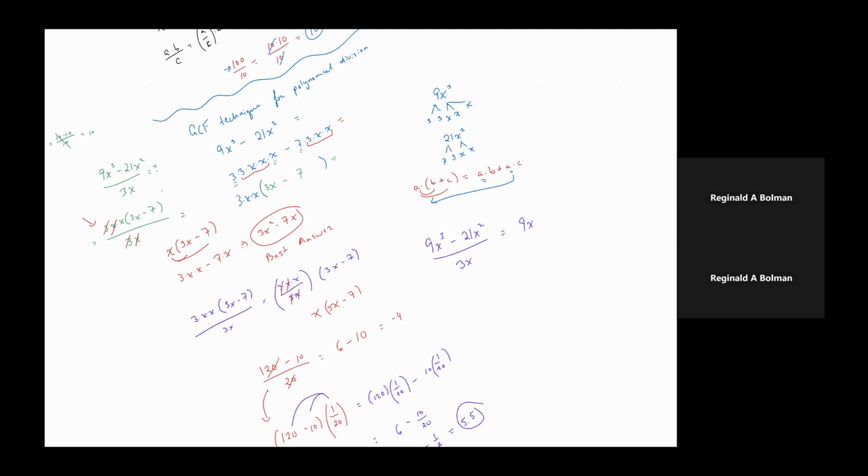You're going to take the 9x cubed minus 21x squared, and we're going to pretend that we are multiplying with a 1 over 3x. And so when we multiply these terms, you're going to have 9x cubed times 1 over 3x minus 21x squared times 1 over 3x. You'll get 9x cubed over 3x minus 21x squared over 3x.